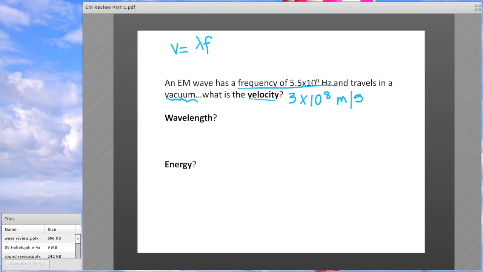And so if we want to know, this is an electromagnetic wave. It says it has a frequency of 5.5 times 10 to the 9 hertz, and then it's in a vacuum. That's important. And then it says, what is the velocity? Well, since it's an electromagnetic wave and it's in a vacuum, it's 3 times 10 to the 8th. We don't even have to do any math.